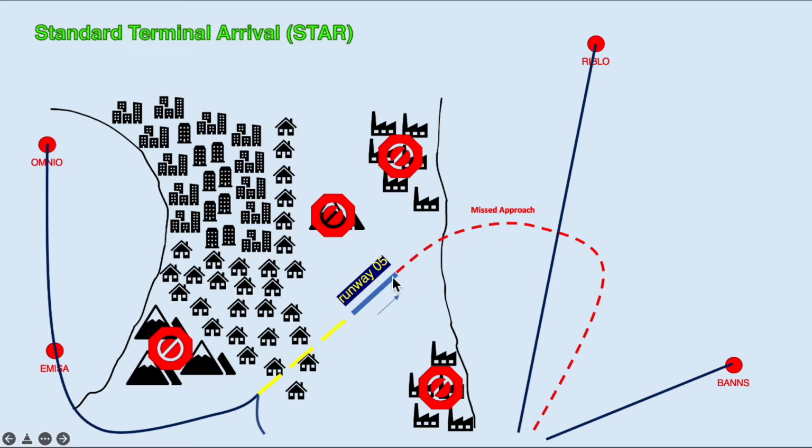They just need to follow this path, because remember, if you're departing from runway 05, you need to avoid these areas. And in order to complete another approach, it's easier to go through the sea and then come to this more common path and then go again to the ILS. So that would be the missed approach procedure.